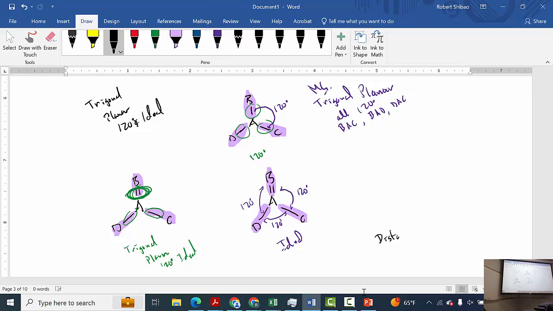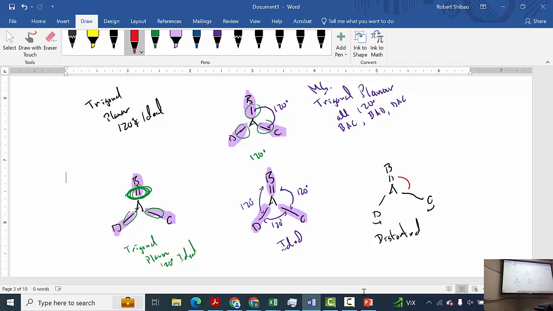This is flat in a plane. So the double bond is going to have more electron density.